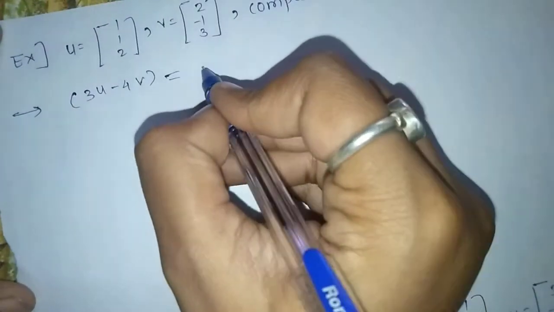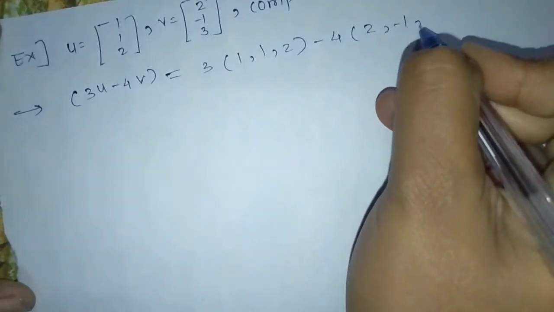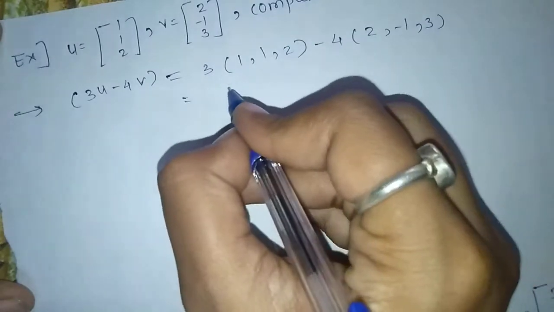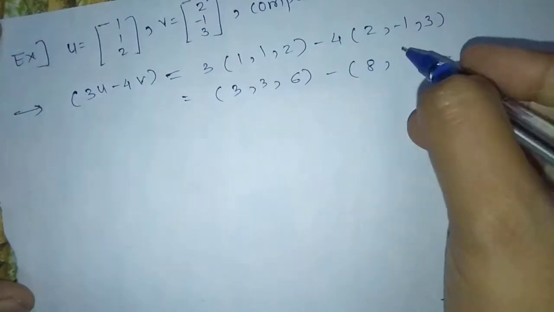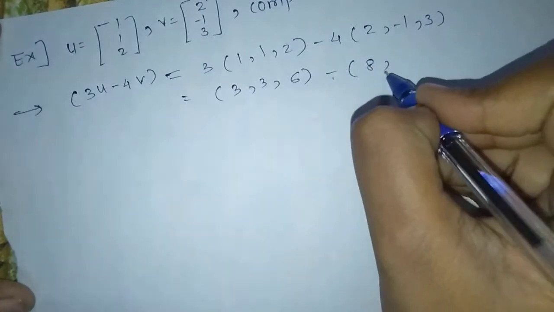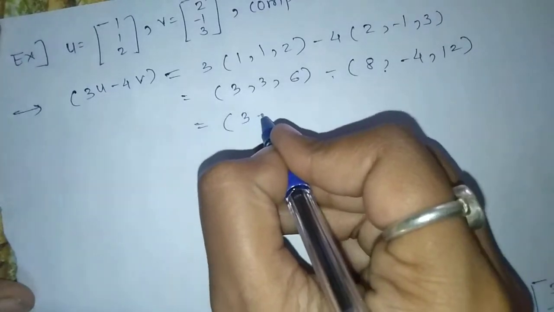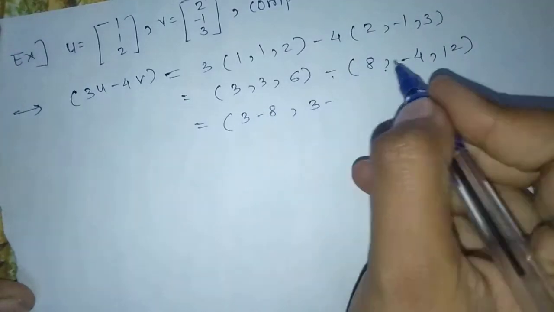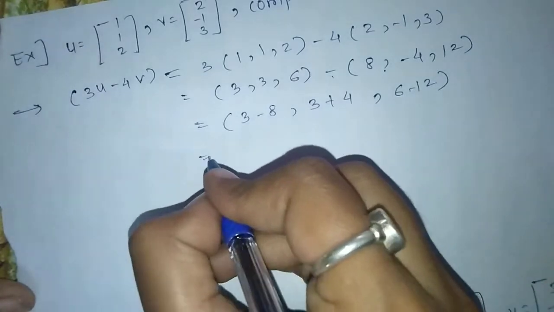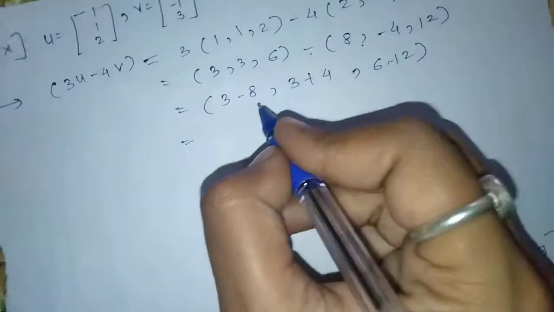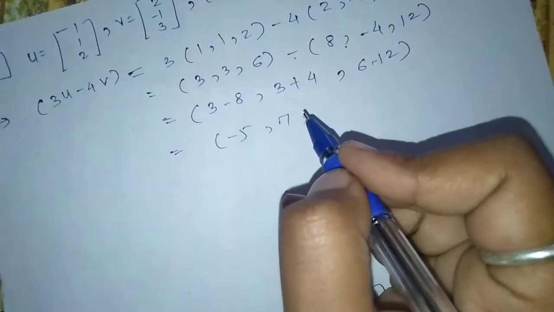That means 3 into (1, 1, 2) minus 4 into (2, -1, 3), equal to (3, 3, 6) minus (8, -4, 12), which means (3-8, 3+4, 6-12), and we get (-5, 7, -6).